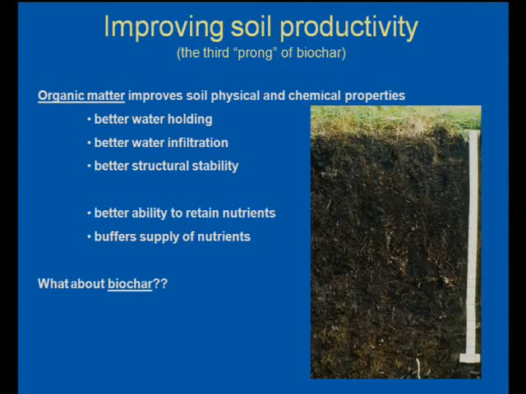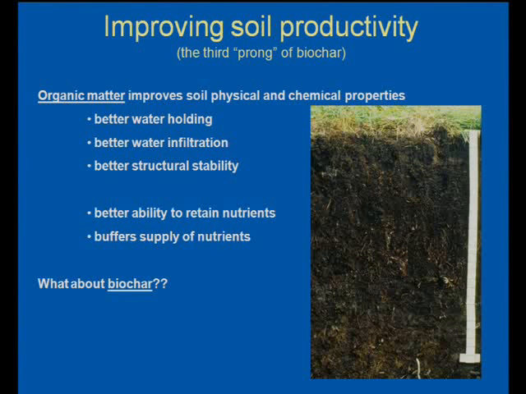Okay, the third part of the biochar concept, if you like, is the effect of biochar on soil productivity. Now, we know that organic matter improves soil physical and chemical properties, and that's actually the reason for going to things like no-till.